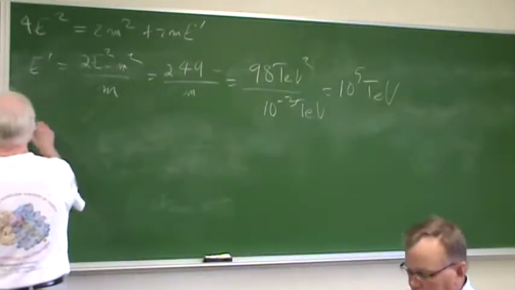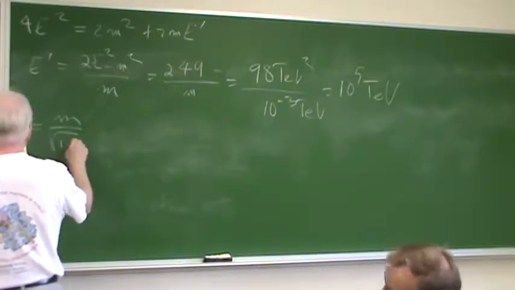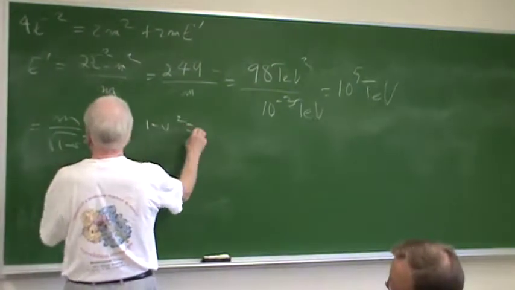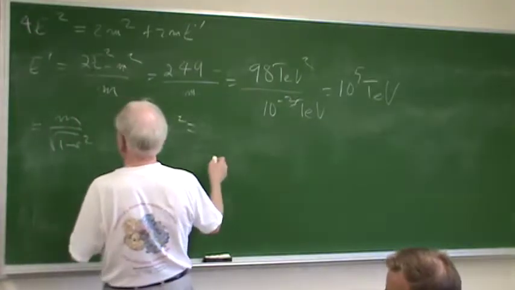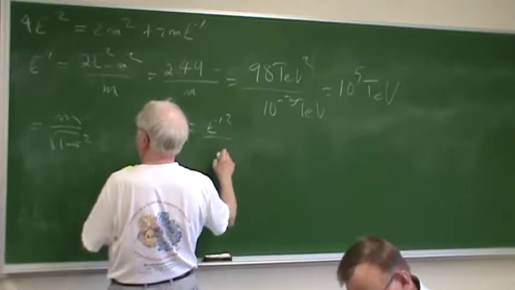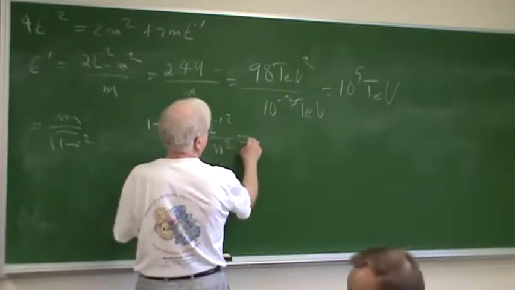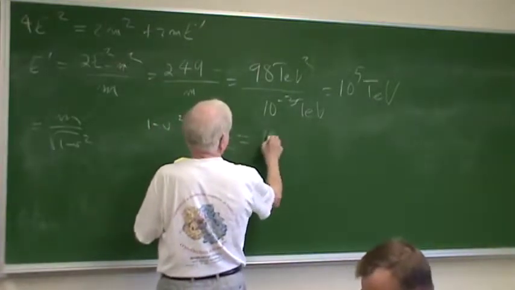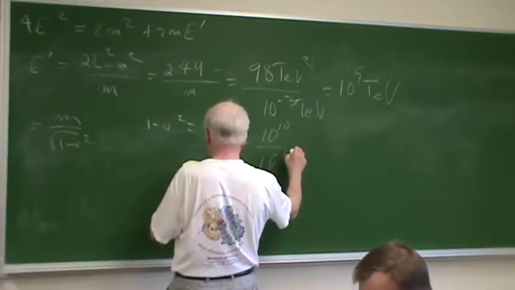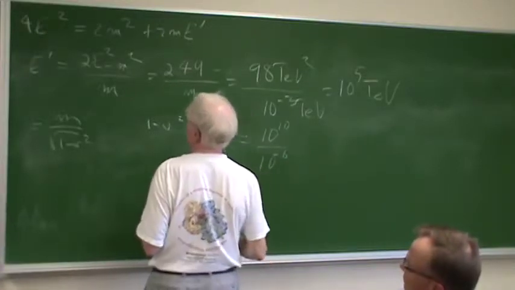So that is equal to m over the square root of 1 minus v squared. And so once again, we say that 1 minus v squared is then e prime squared over m squared, and that is then 10 to the 10th over 10 to the minus 6, and all right, I screwed up.